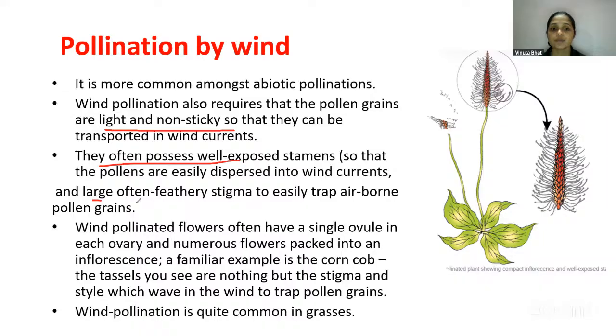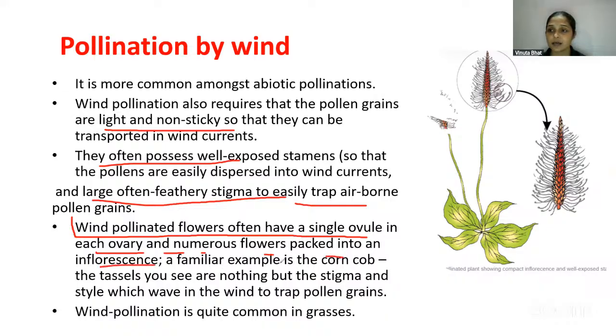Then large feathery stigma easily trap the airborne pollen grains. One more, wind pollinated flowers often have a single ovule in each ovary, and numerous flowers are packed into an inflorescence.